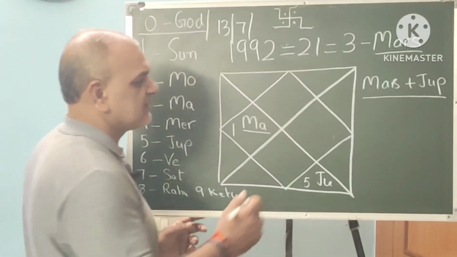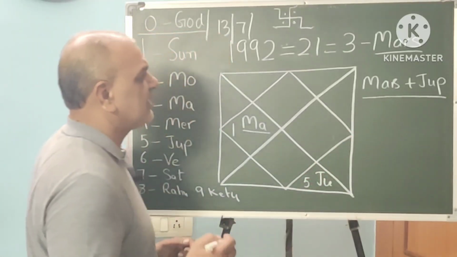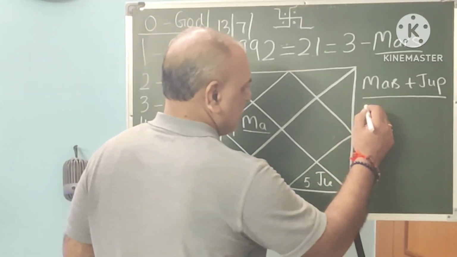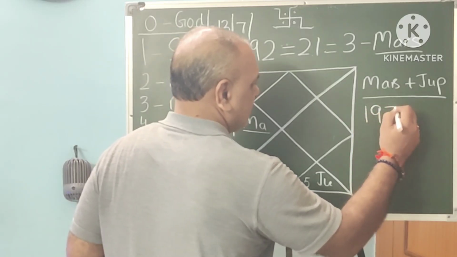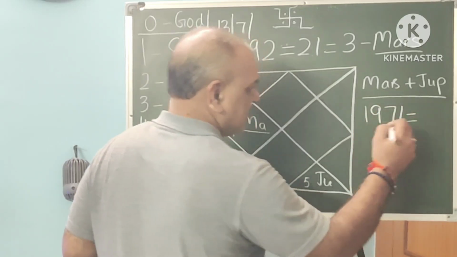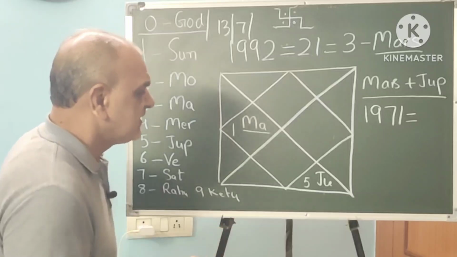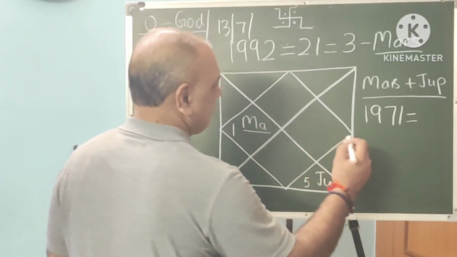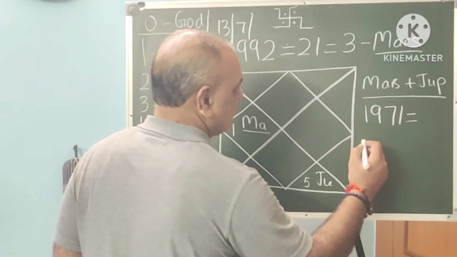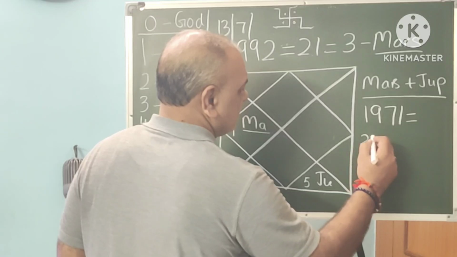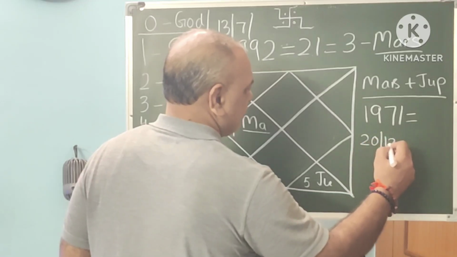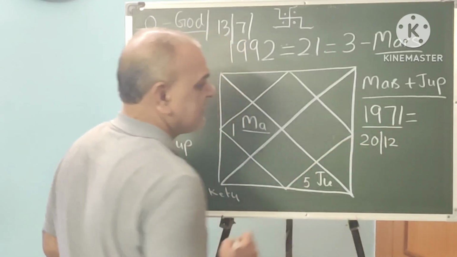So now we will take another example. Let's say we take this as the year of birth, and the person is born on 20th December 1971.